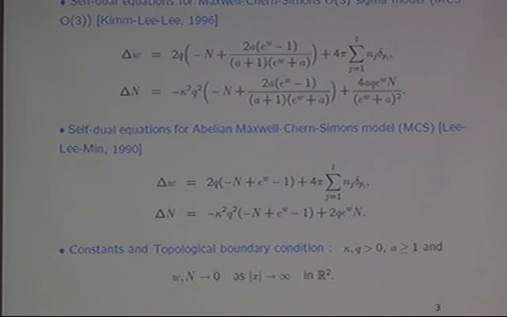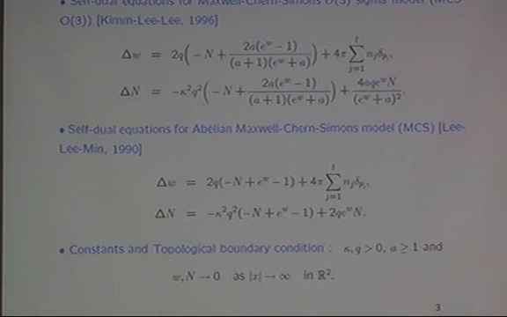Usually we can consider three types of problems for this system. One is the topological boundary condition in R2. Here we want this term to be 0. So if this one is 0 at infinity, then omega is equal to 1 and n is equal to 0 at infinity. This is called the topological condition.